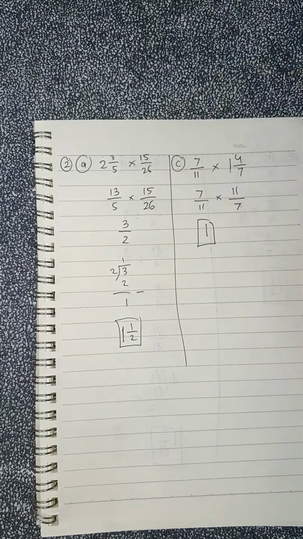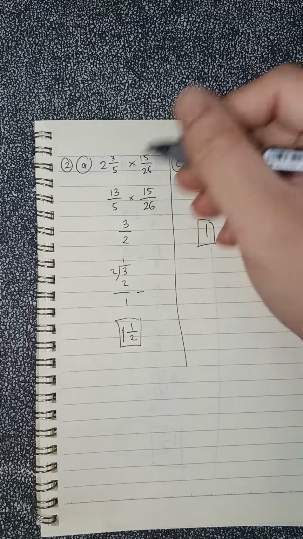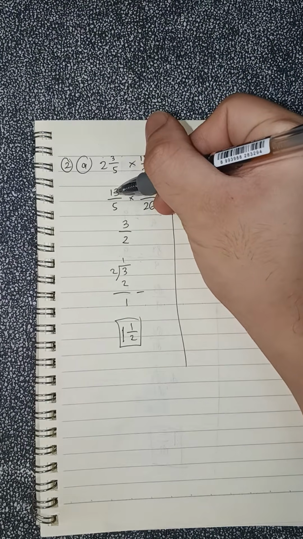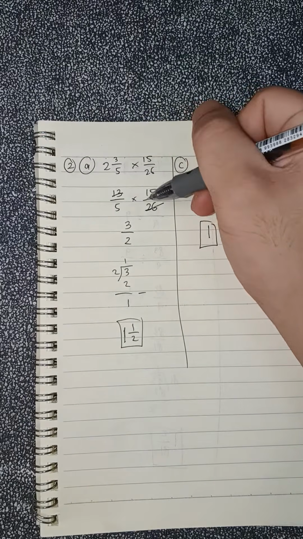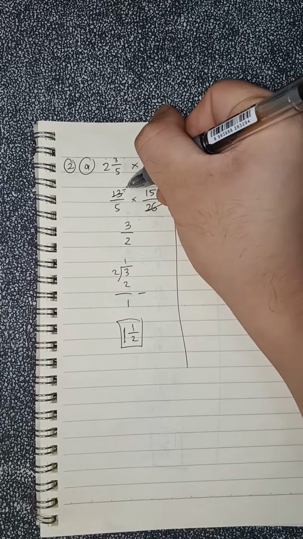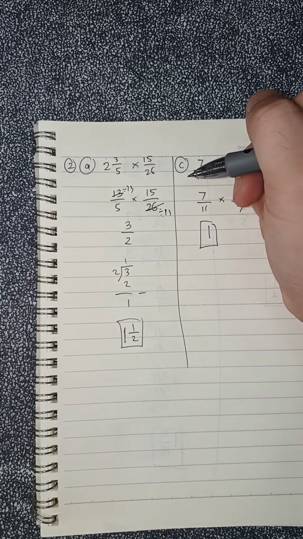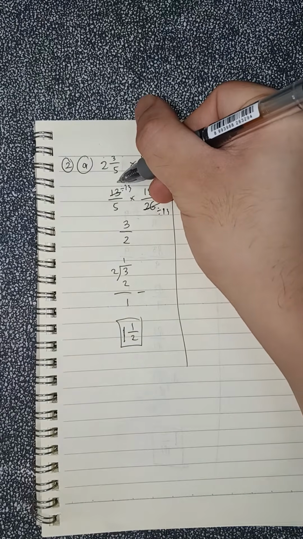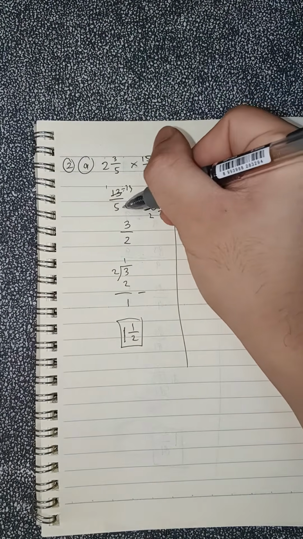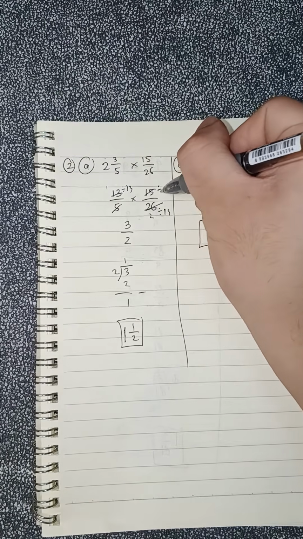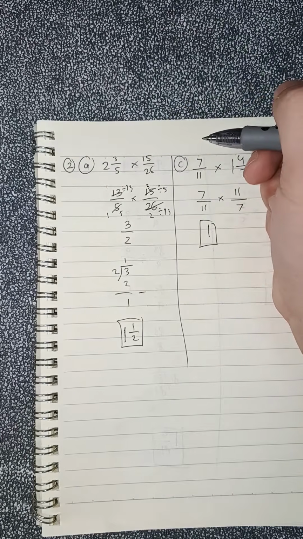Even simpler if we can manage to cancel out some numbers first to make it even smaller. So actually these two we can both divide by 13. So this will be 1, this will be 2, and 5 and 15 we can also both divide by 5. Then this 1 and this 3 are left.